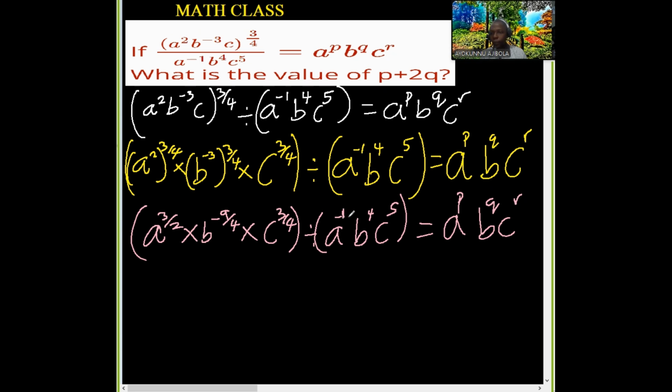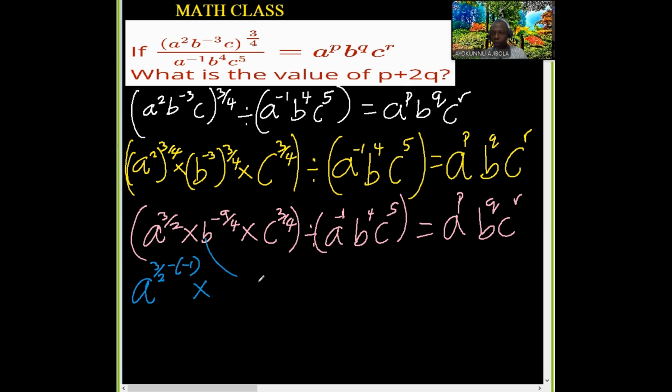Now, what we need to do according to indices is to combine the a's, okay? When you combine the a's, it gives you a single a, then you subtract the powers because it's division. That'll be 3 over 2 minus the negative power there, okay? Is that clear? Yes, sir.